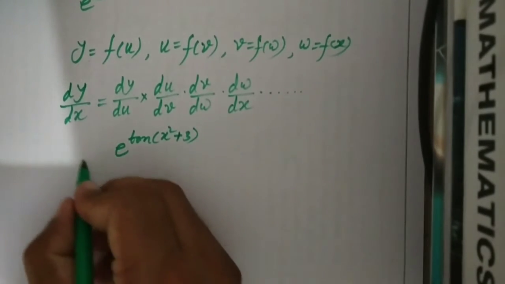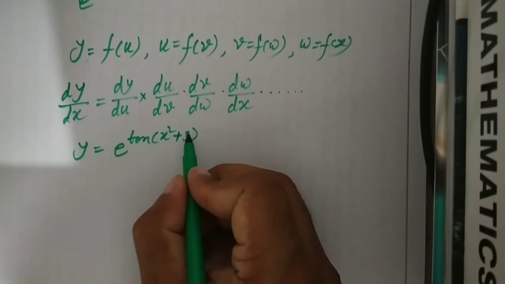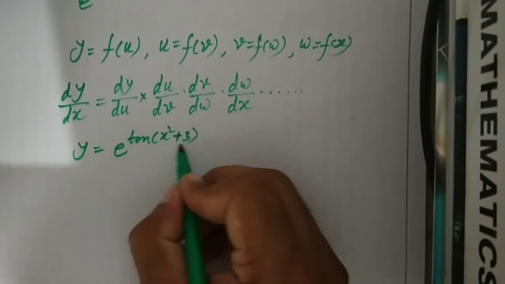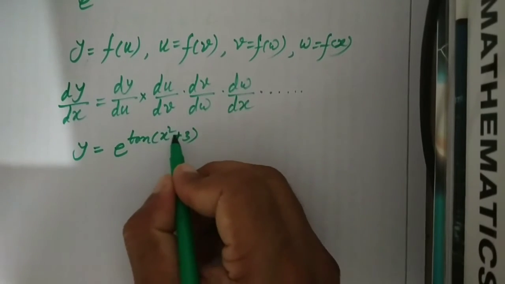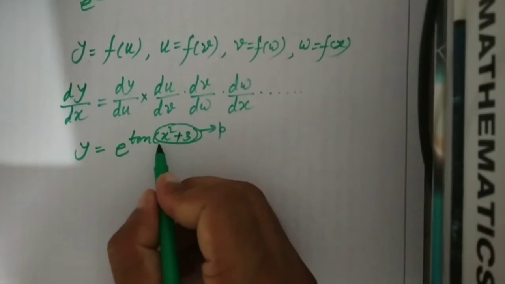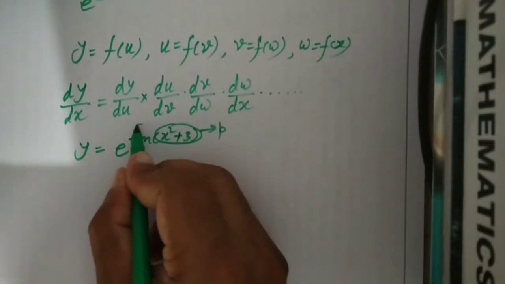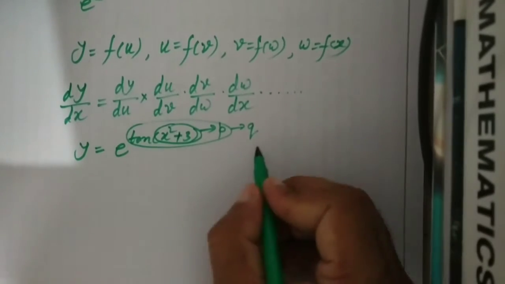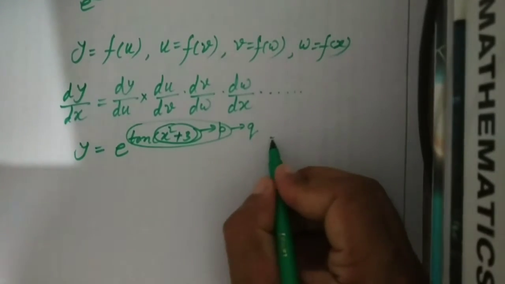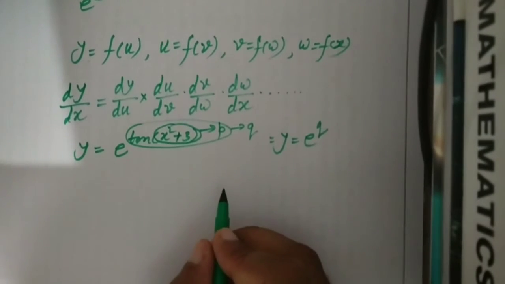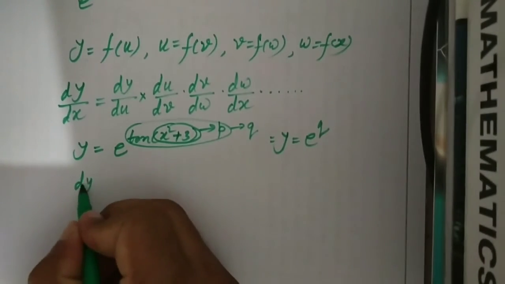So we take x squared plus 3 as p, and tan p as q. Ultimately we get y equal to e to the power q.